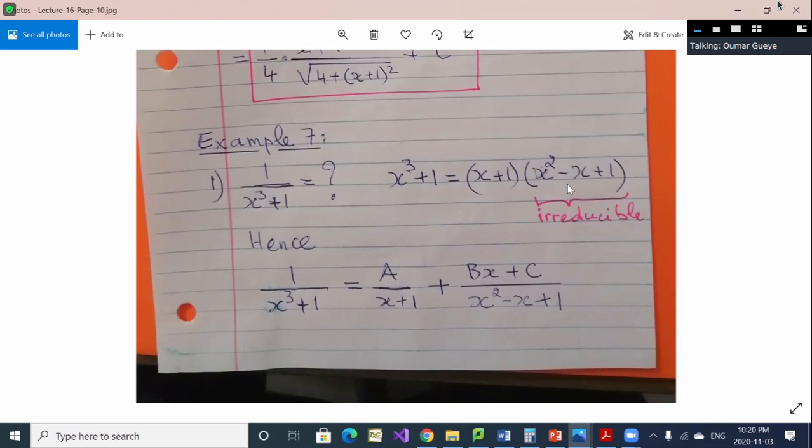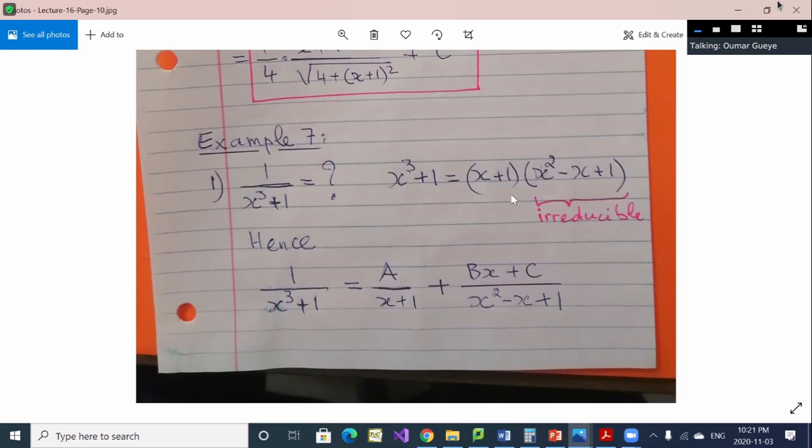And the second factor is a quadratic factor. You can see the highest power is 2. That's what we mean by quadratic. And it's not possible to factorize it. As I told you, to know it, you calculate b squared minus 4ac. Here b equals -1, you square it, it becomes 1 minus 4, which is negative, so not possible to factorize. It means it's irreducible.